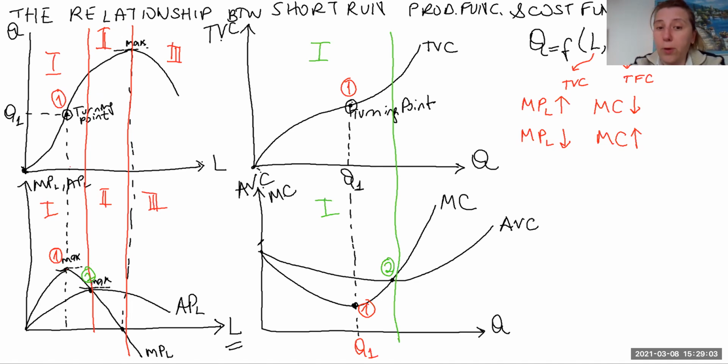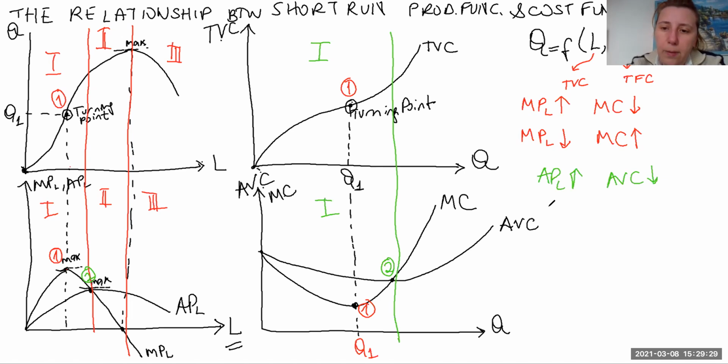And here also we have two parts of average variable cost. While the average product of labor is increasing, then the average variable cost created by these labors is just decreasing.